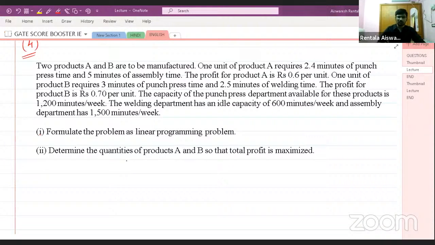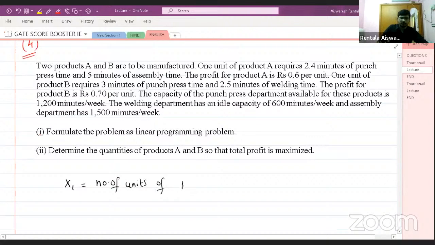So the decision variables are x1 and x2. x1 is the number of units of product A. What about x2? x2 is the number of units of product B.